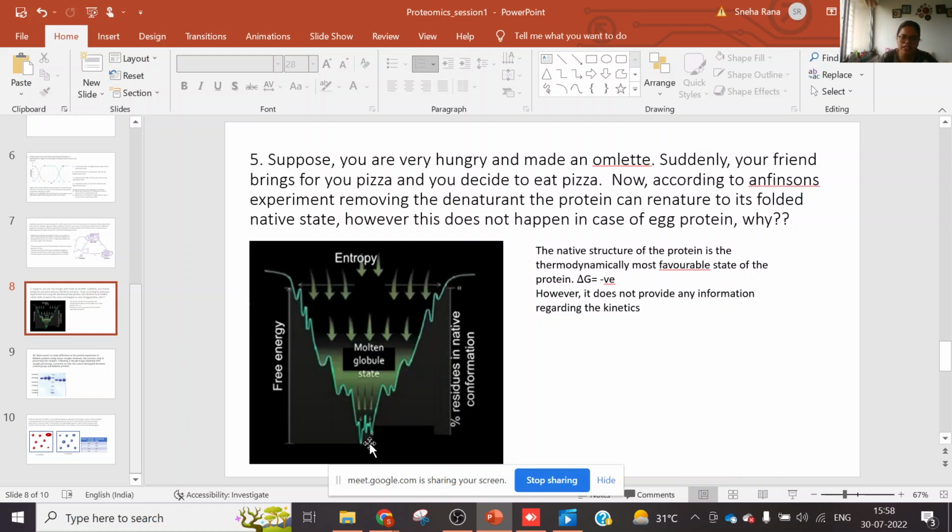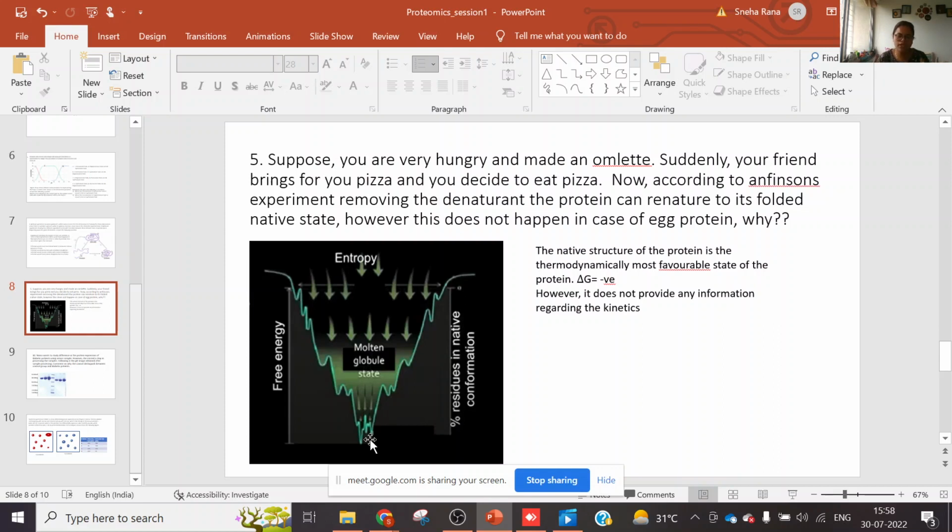But as I said, the free energy or delta G value will only tell you whether this particular protein will go into a native state or not. Definitely it will, because it is thermodynamically more favorable. But it will not give you an idea about kinetics, meaning how fast or how slow a reaction will occur.